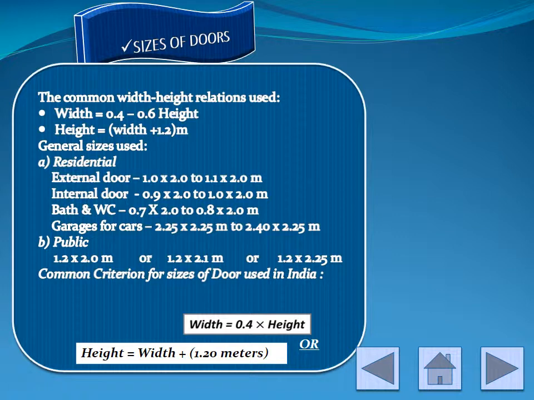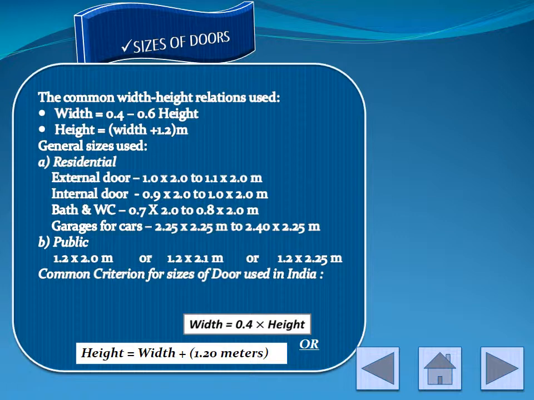General sizes used: for the residential external door, we have 1.0 by 2 to 1.1 by 2 meter. For internal doors, we have 0.5 by 2 and 1 by 2. Another one is 0.7 by 2 and 0.8 by 2.